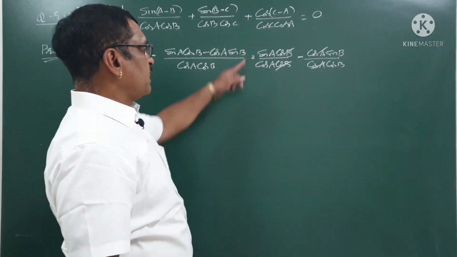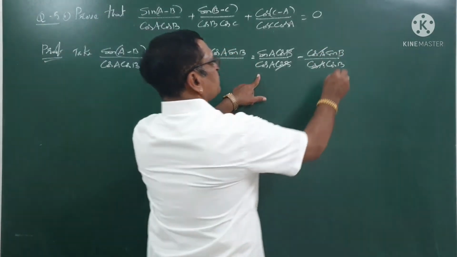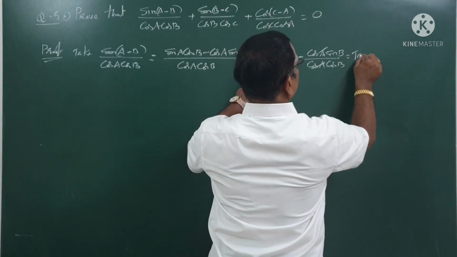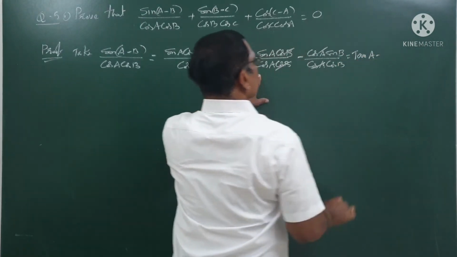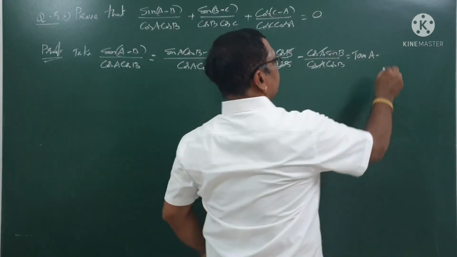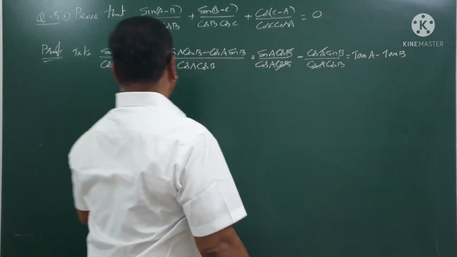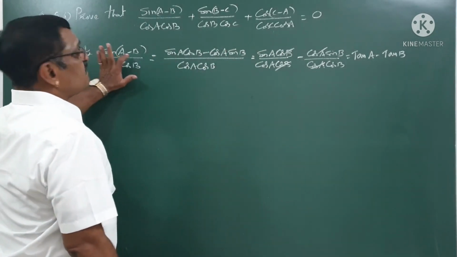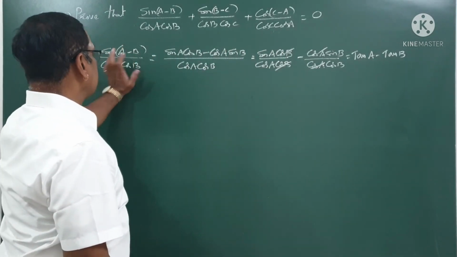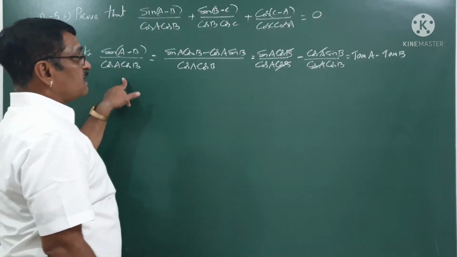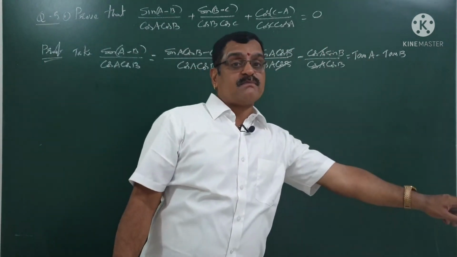So, here we have sin a upon cos a is nothing but tan a, and sin b upon cos b is nothing but tan b. So, my sin of a minus b by cos a cos b is converted into tan a minus tan b.